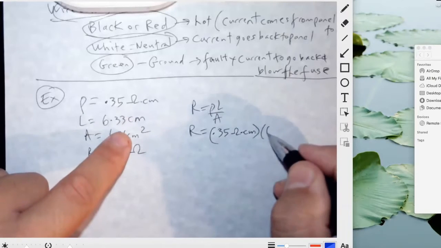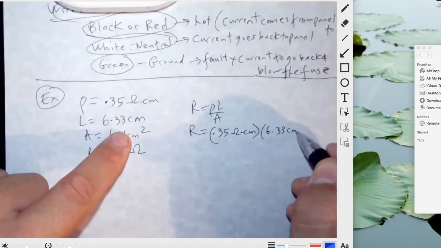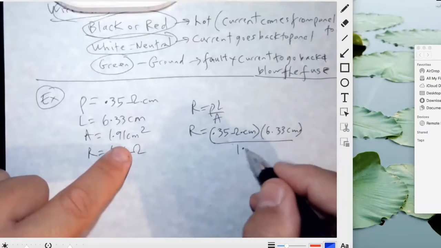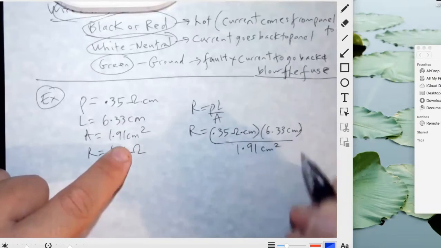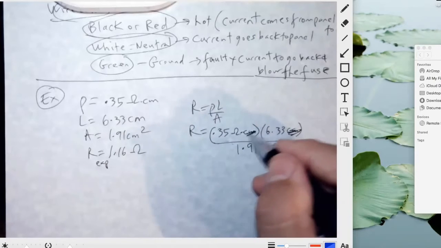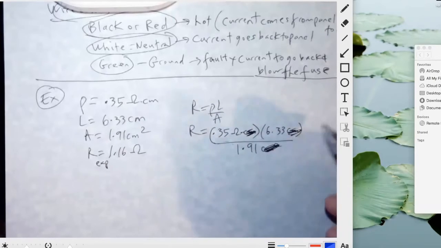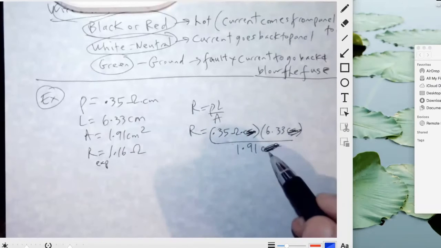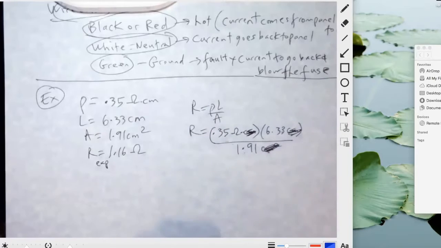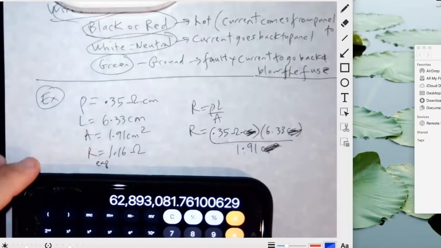Length is 6.33 centimeters, over 1.91 centimeters squared. Here you don't even have to do any change from centimeter to meter. If everything is given to you in centimeter, you can just multiply this by this and divide by that, and it's straight up calculated.